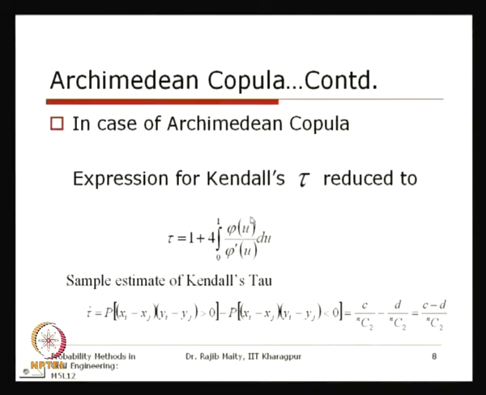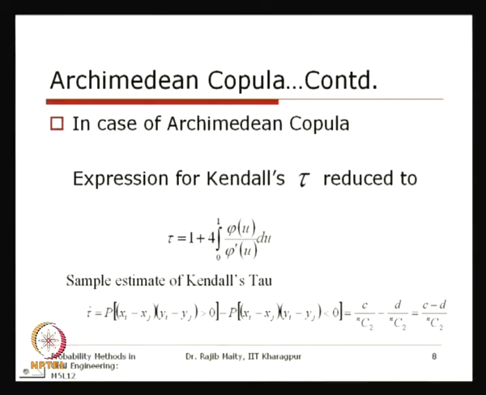Now, the parameter theta is in this expression, and the left side is tau. So, there will be a relationship between tau and theta, where theta is the measure of the parameter that is capturing the dependence between two random variables.